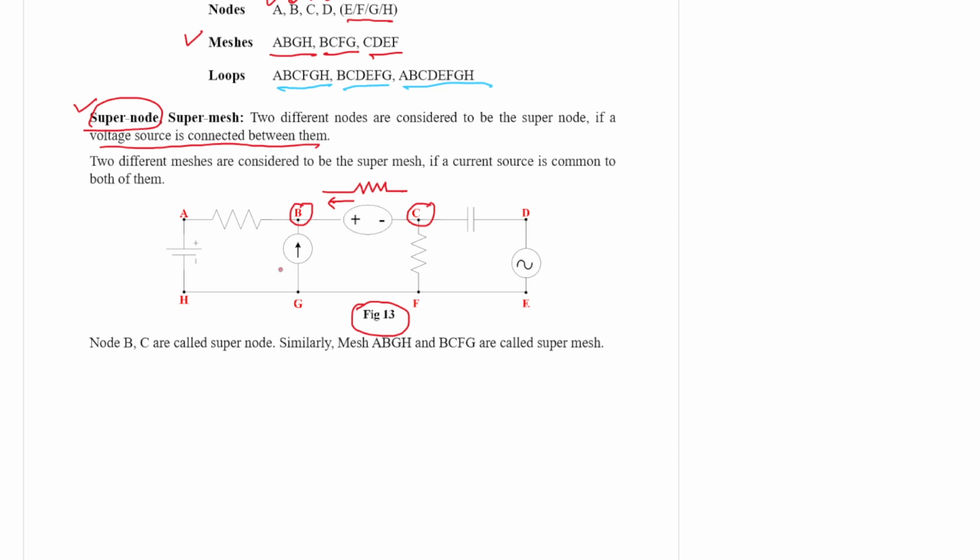So for this purpose, we consider mesh number 1 and mesh number 2 as a supermesh. If you club them, they form a supermesh. Two different meshes are considered a supermesh if the current source is common to both of them. So nodes B and C are called a supernode, and meshes ABGH and BCFG are called a supermesh. This is the idea of supernode and supermesh.